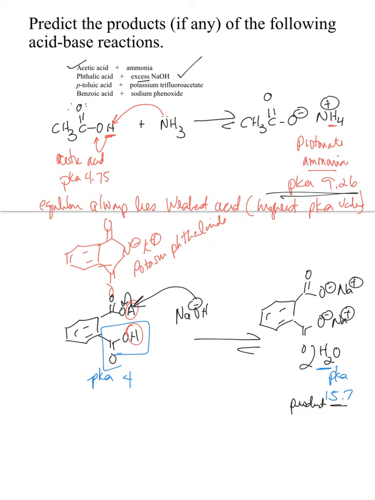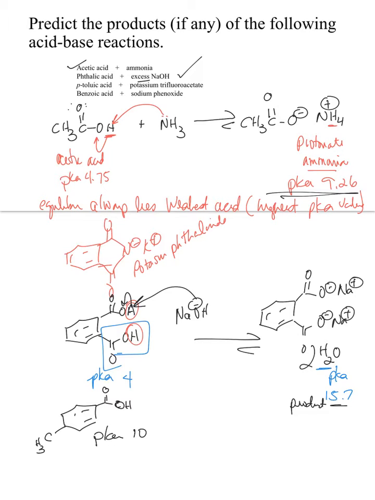Okay, the next one is para-toluic acid. So this is toluene, there's para, so this is toluic acid. Para-toluic acid has a pKa of about 10. Really? That would be a pKa of phenol.